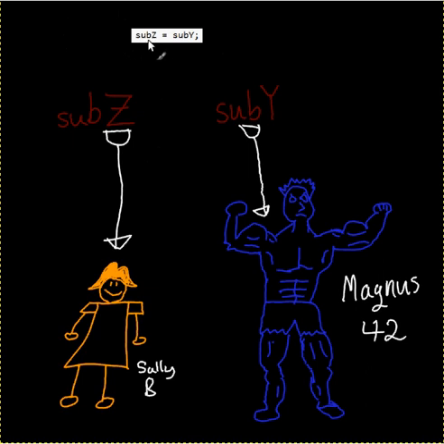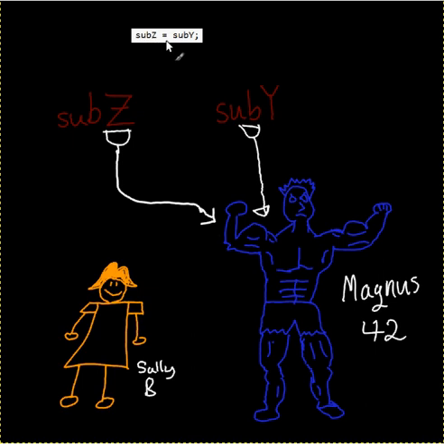However, look what we did here. We did sub z equals sub y. And that's going to do something weird. What is that going to do? Well, it's actually going to erase the object reference that we built from sub z to good old Sally, and instead connect it to Magnus.